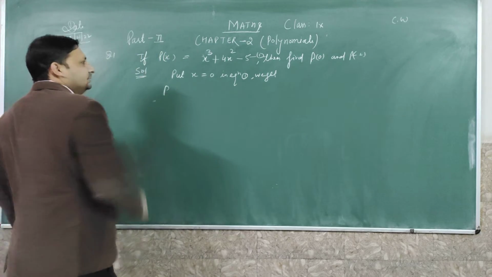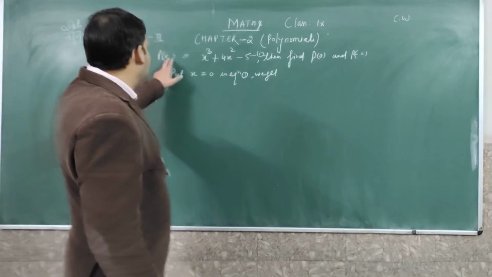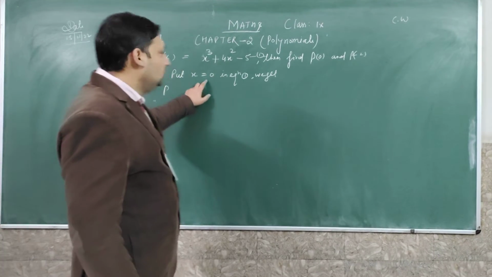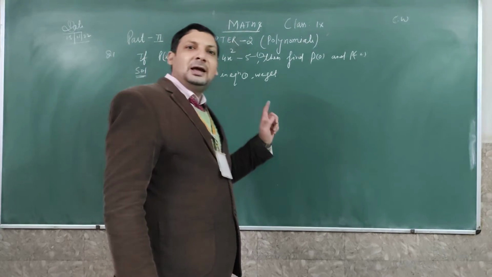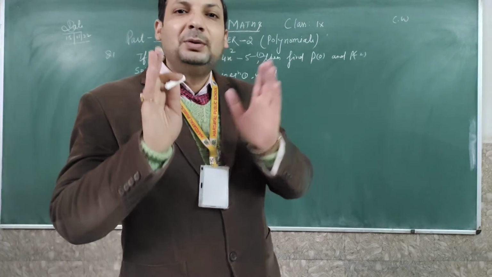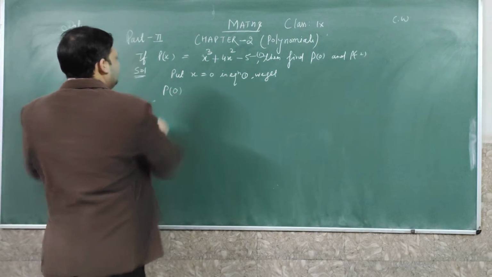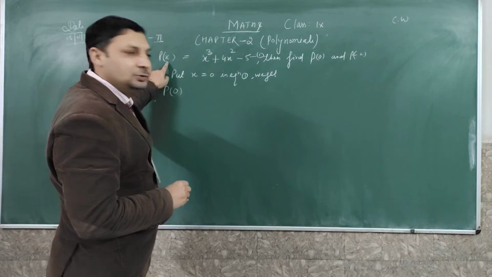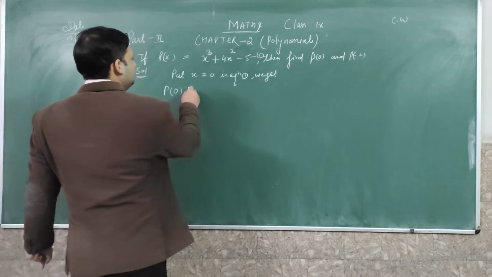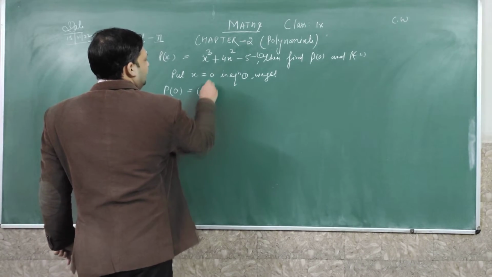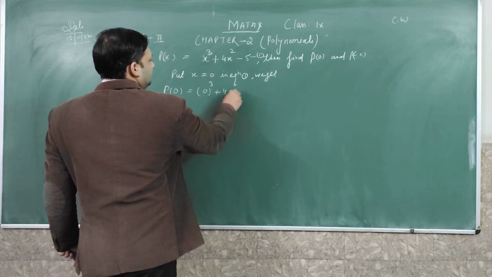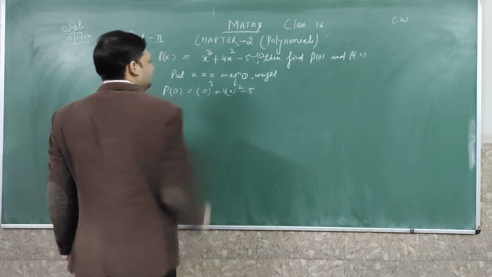We will change the variable, meaning x, with the value 0. So dear student, wherever we have written x, we will exchange x with 0. It means in the place of x we are writing 0 because we have been given x equal to 0. So 0 to the power 3 plus 4 times 0 to the power 2 minus 5.